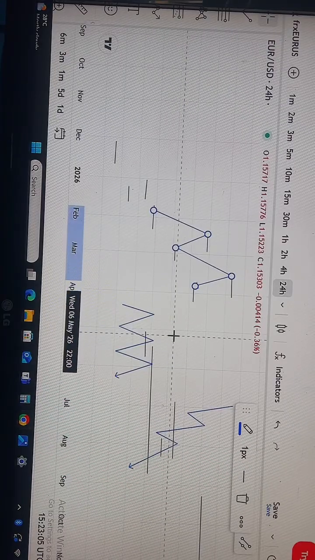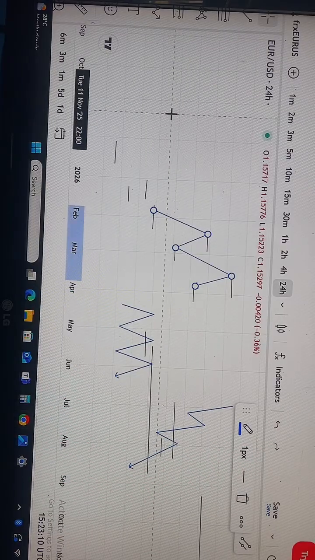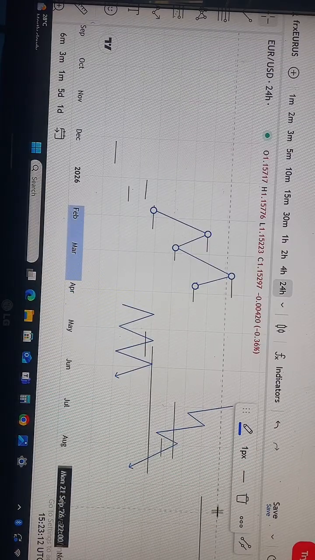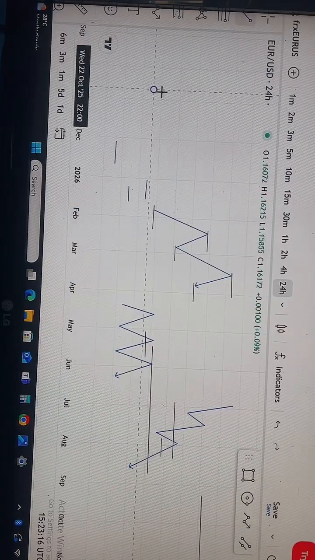Now, when you see a market printing higher highs or higher lows, let me give an example of higher highs. Higher highs is when you do not even have a low to interrupt the trend.